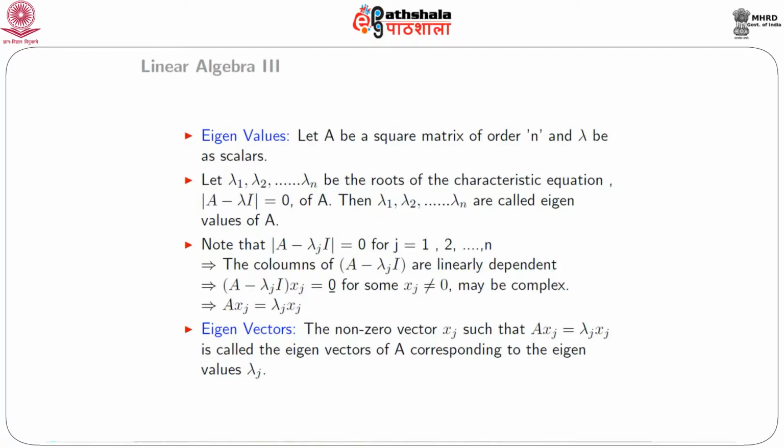Eigenvectors. The non-zero vector x j such that A x j equals lambda j x j is called the eigenvector of A corresponding to the eigenvalue lambda j.